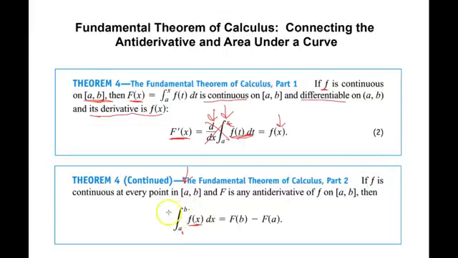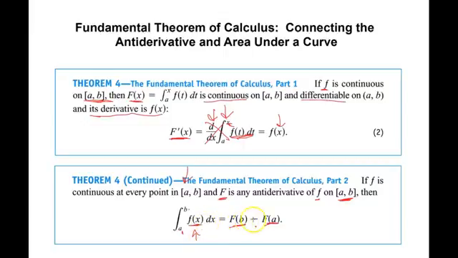It says that if f is continuous at every point in the closed interval from x equals a to x equals b, and we know that big F is the antiderivative of little f on this same closed interval, then what we can do is take the antiderivative and evaluate it at b minus the antiderivative evaluated at a, which are our limits of integration here, and that will give us a precise measure of the area under the curve of the function little f of x from x equals a to x equals b.